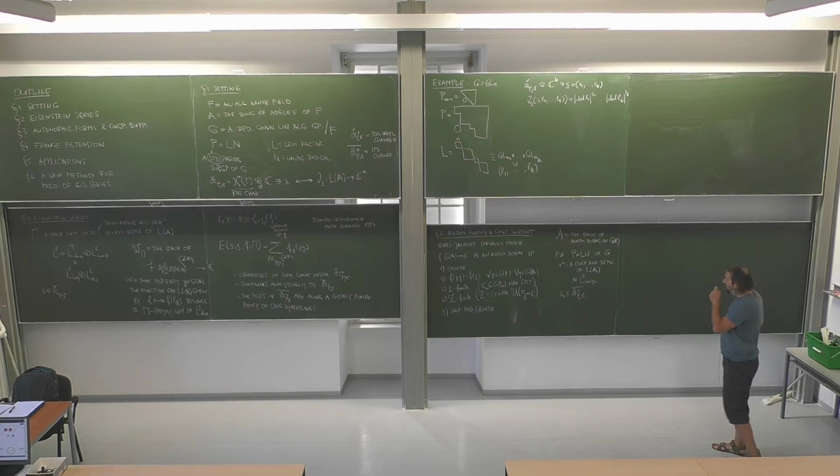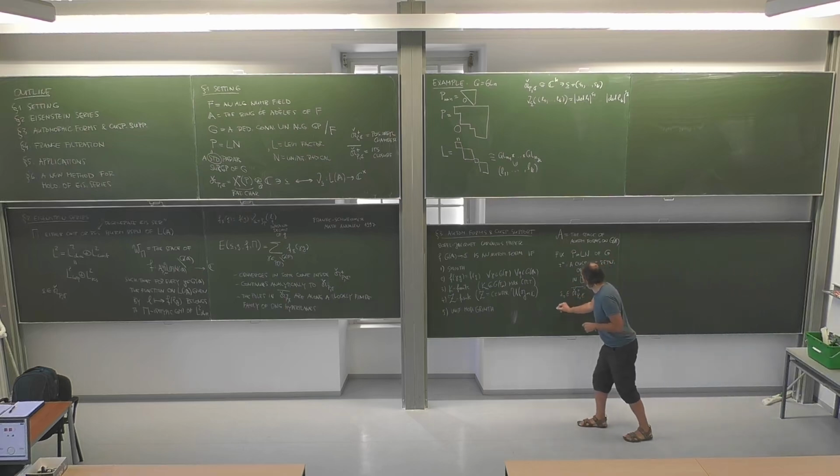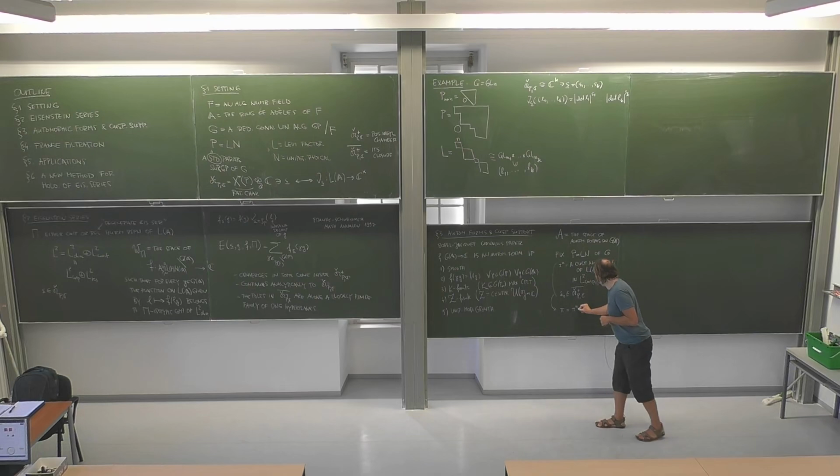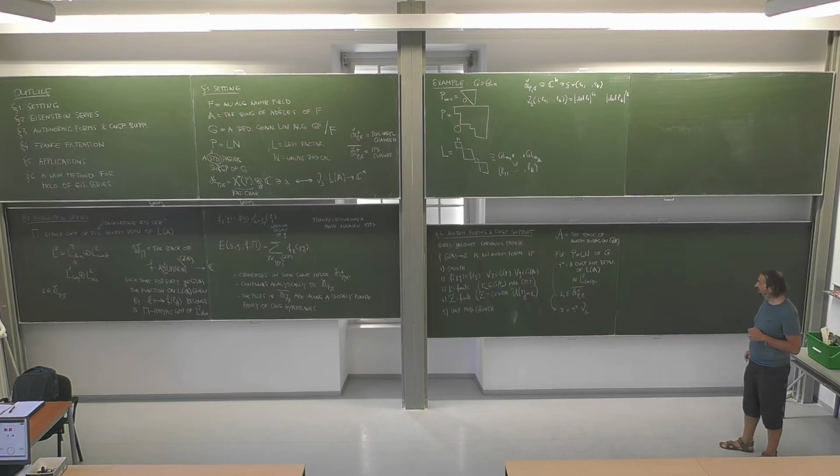And now, using this unitary cuspidal representation in L2 and this parameter, I form a representation pi, which is pi_u twisted with this character of the Levi factor corresponding to the parameter s_0.